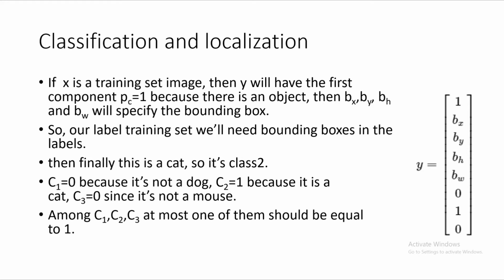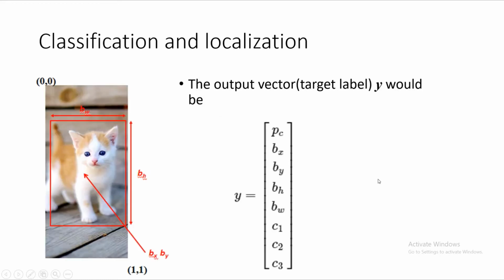If PC is 1, then there is another set, the class labels C1, C2 and C3, and they will tell us whether it's a cat, dog or mouse.